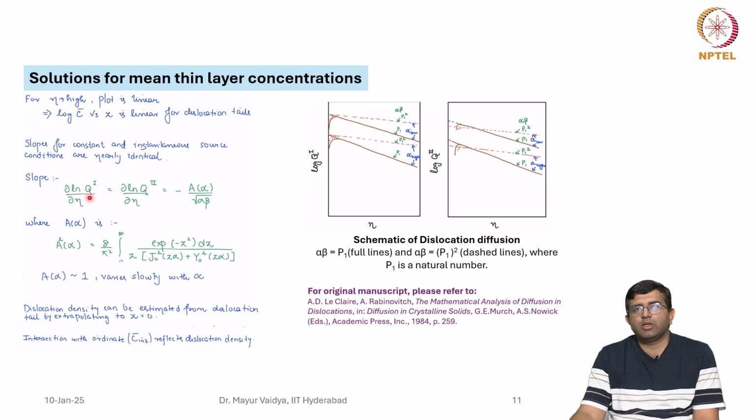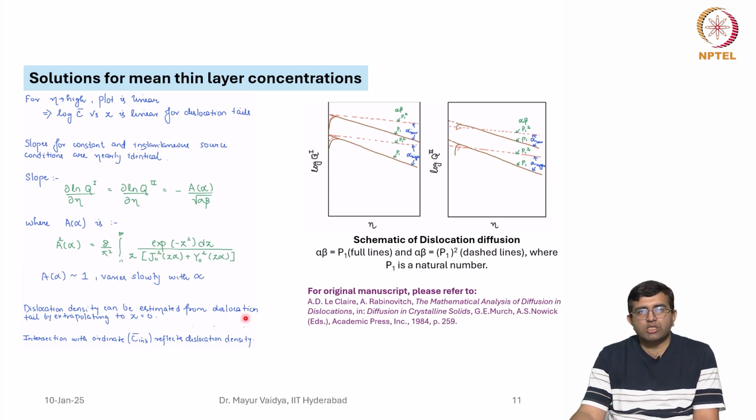So the dou ln Q1 by eta is almost equal to dou ln Q2 by eta, which is equal to minus A alpha by root alpha beta. Beta is the Leclerc parameter, alpha is another dimensionless variable that we have seen before, and A alpha is given by this expression, which involves an integral and the function J naught, which we referred to earlier.